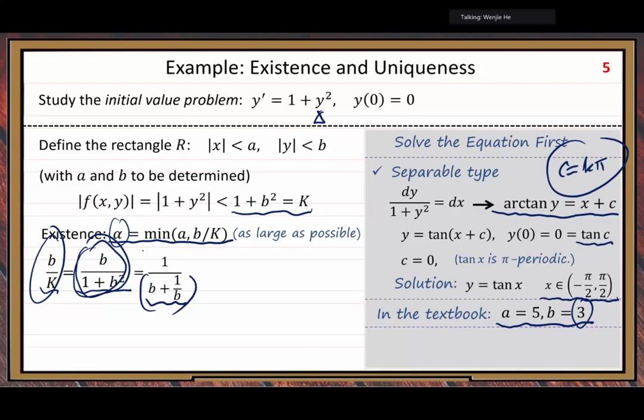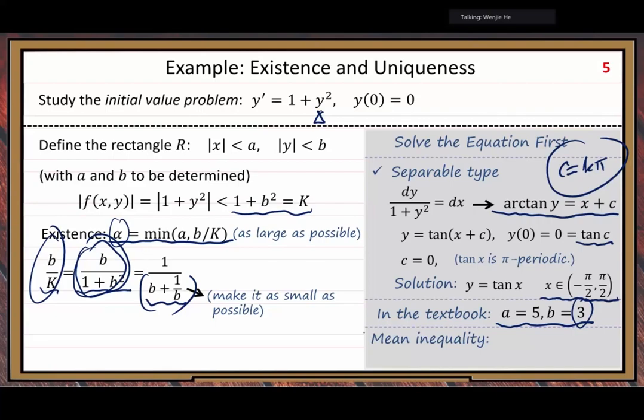If you want to make this whole fraction the largest, you should make the denominator the smallest, right? So now the question: what is the smallest possible number for the denominator? That's an interesting question. When you choose b, for what b do you get the smallest possible denominator? Make it as small as possible.